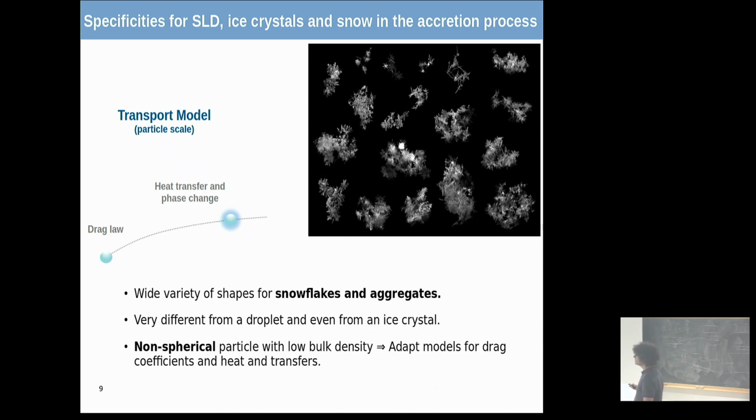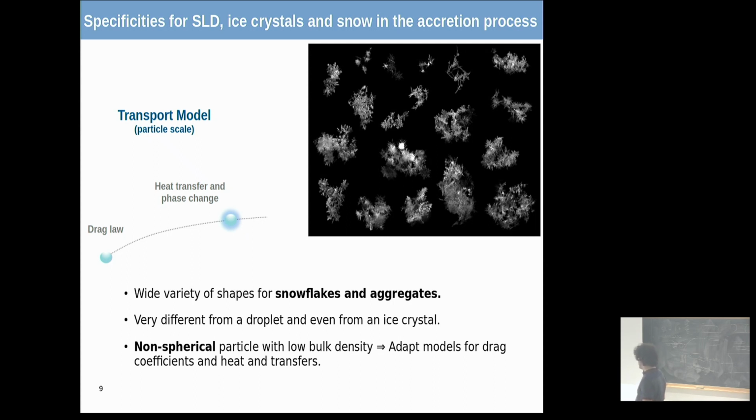They ask us for some kind of macroscopic models which take into account the variety of snowflakes with a minimum degrees of freedom to characterize the particle size distribution. So when we have such a variety of snowflakes, it's quite a challenge to do that, but we have to do that.